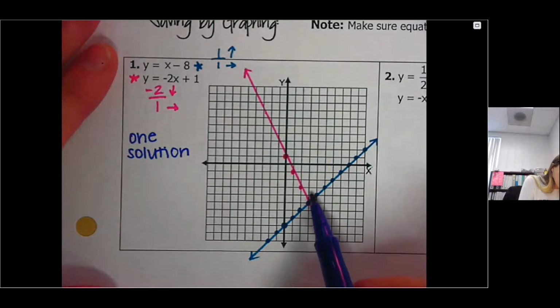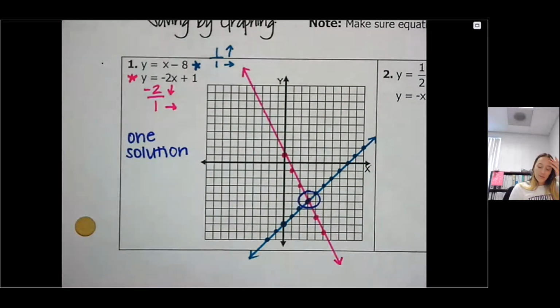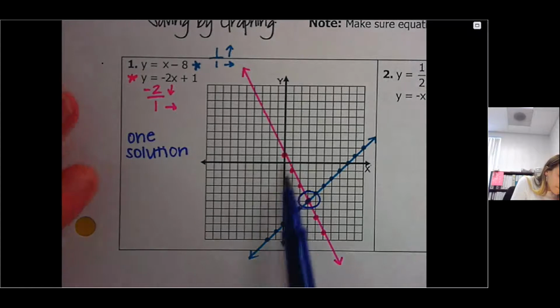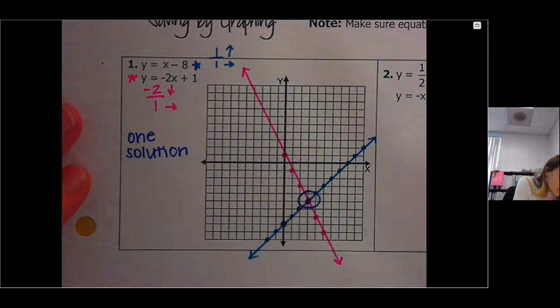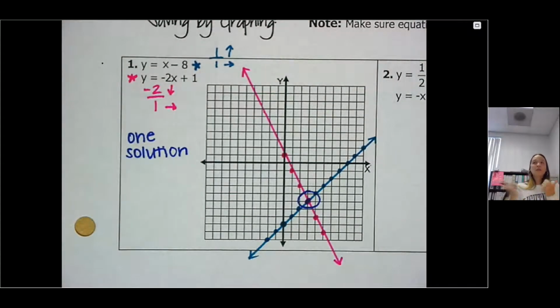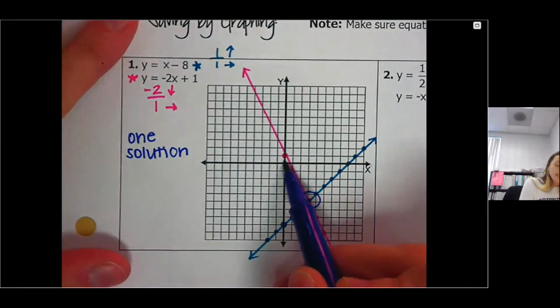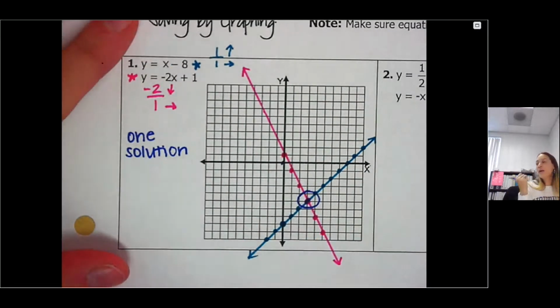So now I want to know, what are the coordinates of that point right there? Remember, x goes first, so it's right or left first, and then up or down. So how many are you moving to the right or to the left? If you're starting at 0, 0, which is right in the center, are you going to the right or to the left to get to this point?